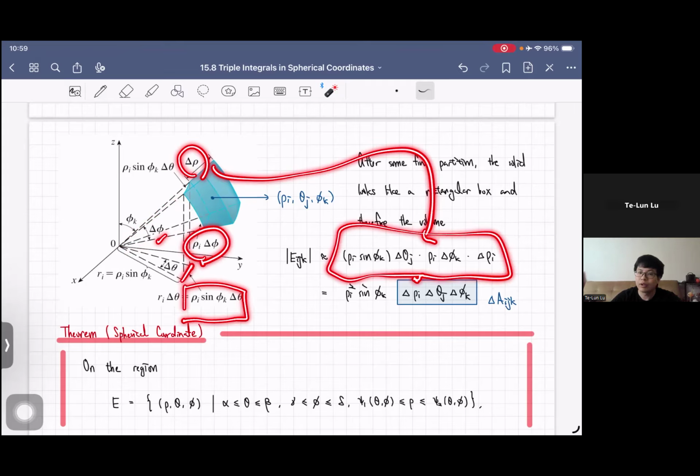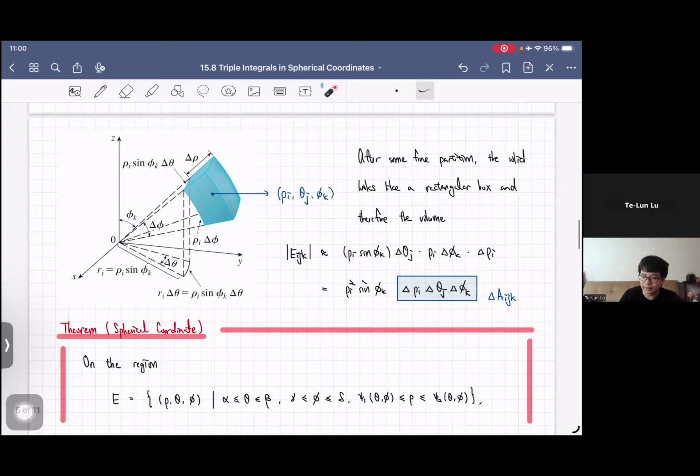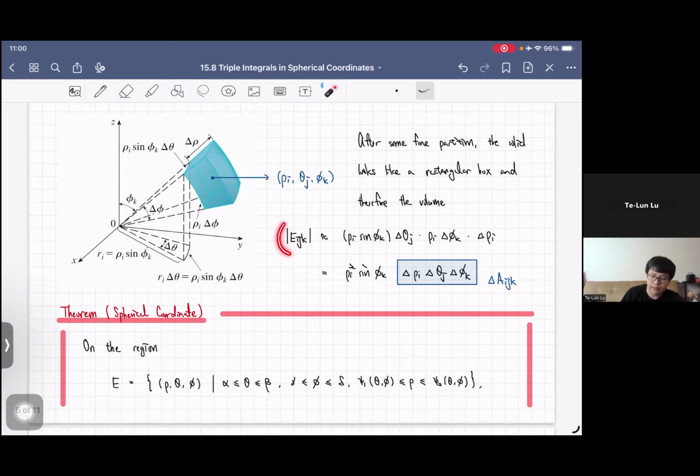Combining everything, you have rho_i squared sine phi_k and the infinitesimal terms delta rho_i delta theta_j delta phi_k. These are the small tiny terms in the xyz domain. So for every small solid given by rho_i, theta_j and phi_k, we can compute its volume by rho_i squared sine phi_k together with this infinitesimal term.